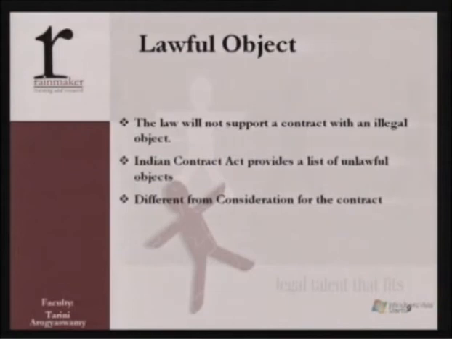Most importantly, lawful object is important to distinguish from the consideration for the contract. Consideration and object may often be similar. However, consideration is the price paid for the promise. The promise made by one person is followed by the price for that promise, which is the consideration.